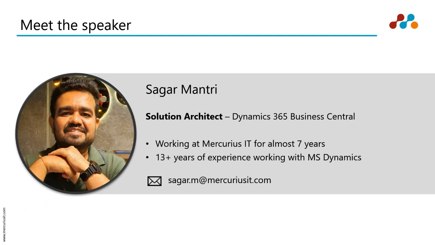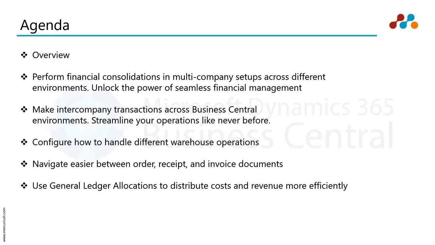Now, let's move to our agenda. We will start with consolidation across different environments, which Microsoft has introduced in the current version. Then we will move on to intercompany transactions across the environments.